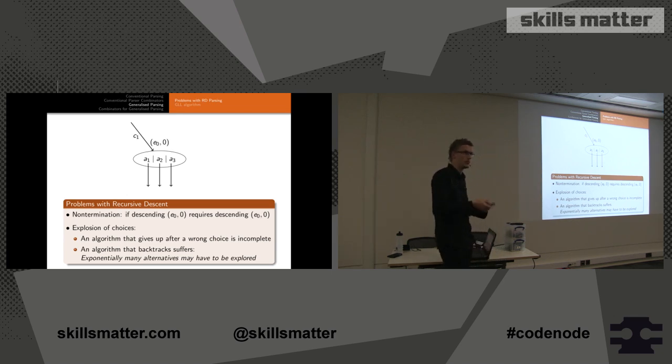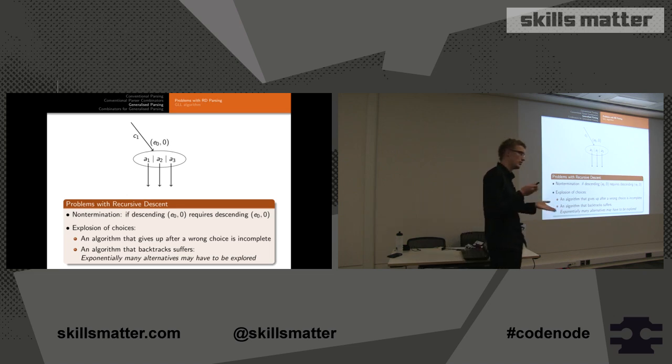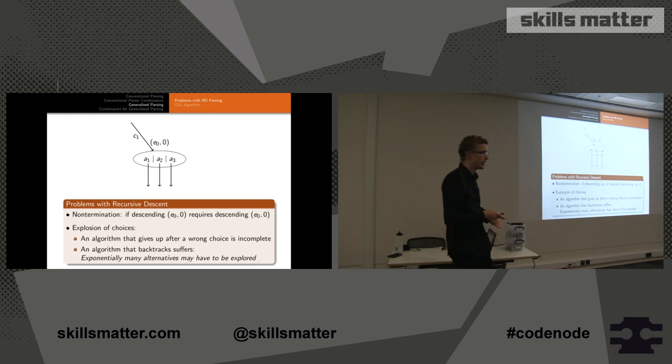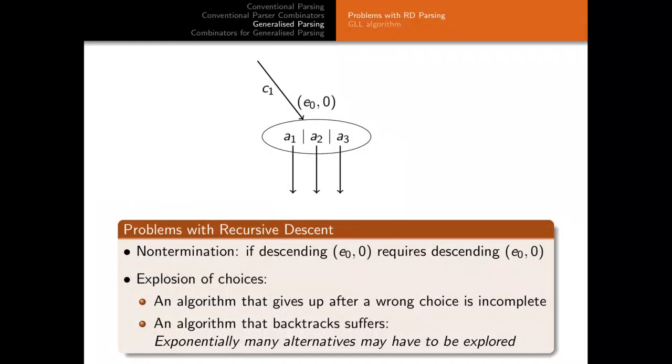So we do some pre-computation to determine for each alternative what kind of terminals it can start to match. But no matter how smart your parsing technology is, it will not be able to make the perfect choice anyway. Any algorithm that chooses an alternative and sticks with it without backtracking cannot be complete, in the sense that it will reject strings that are actually part of the language. Whether that's a practical problem is another matter.